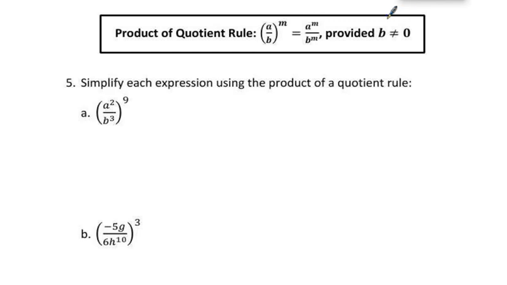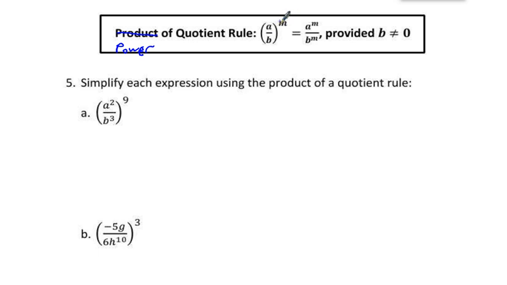The product of a quotient rule. This time I have a quotient, and this actually is the power of a quotient. This was wrong here. This should be called the power of a quotient rule, because I have a quotient raised to a power, raised to this exponent m.